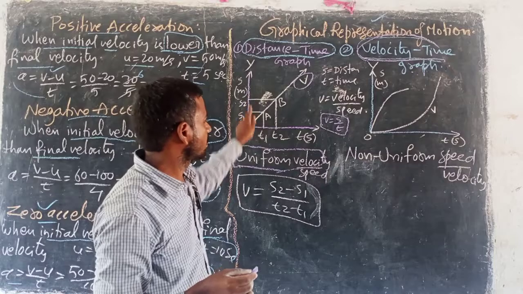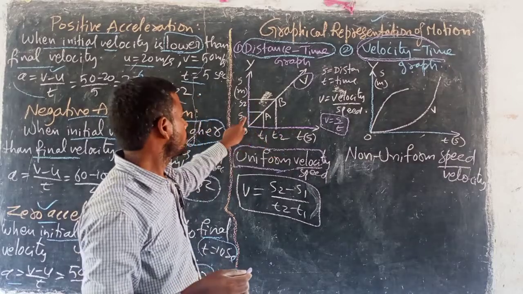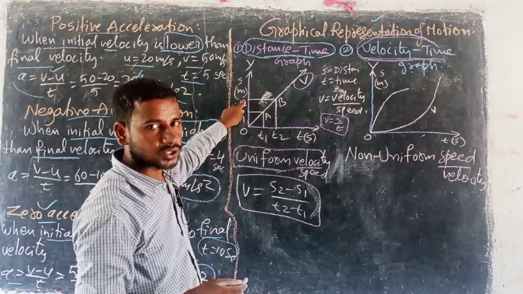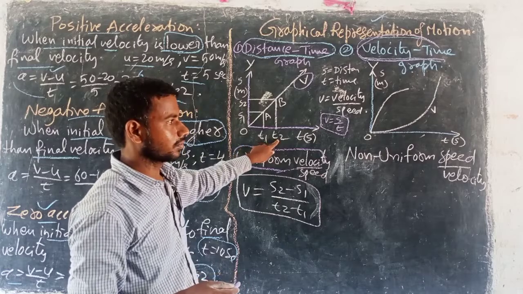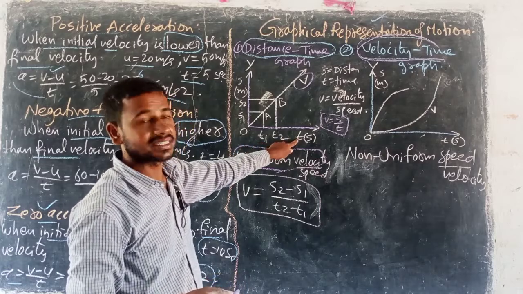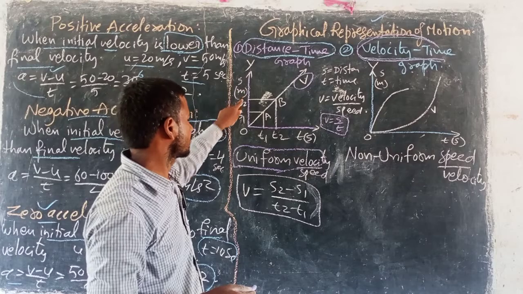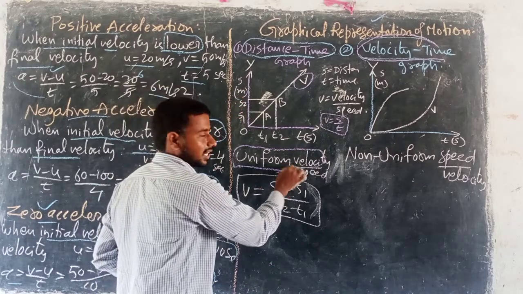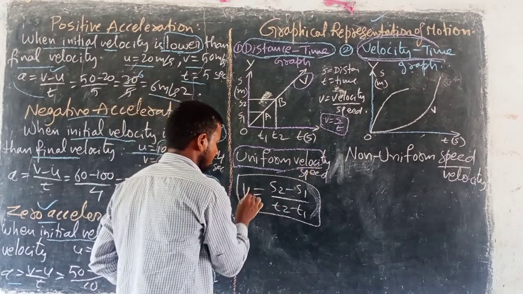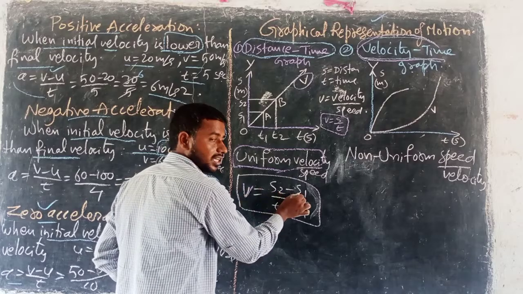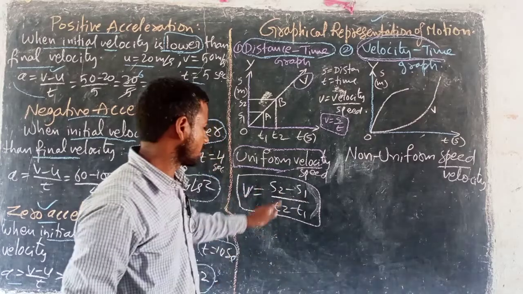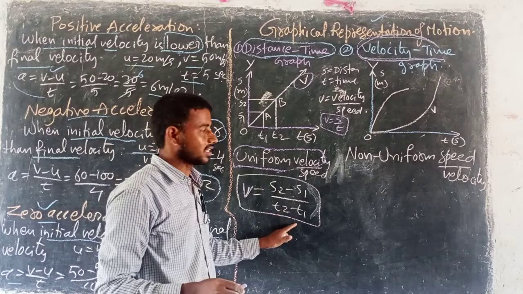Equal distance, equal time intervals. So distance S1, S2, time T1, T2. Time in seconds, distance in meters, then uniform velocity or uniform speed V is equal to S2 minus S1 by T2 minus T1.